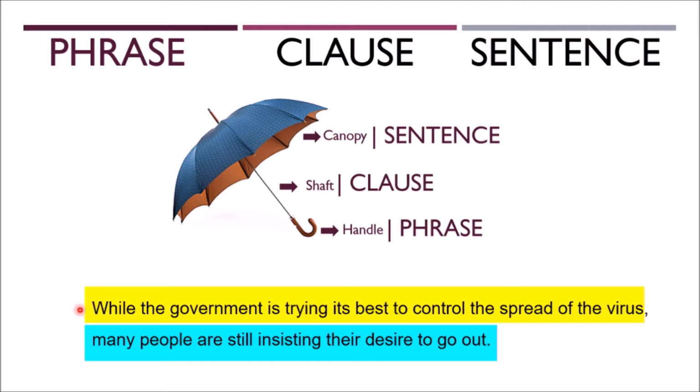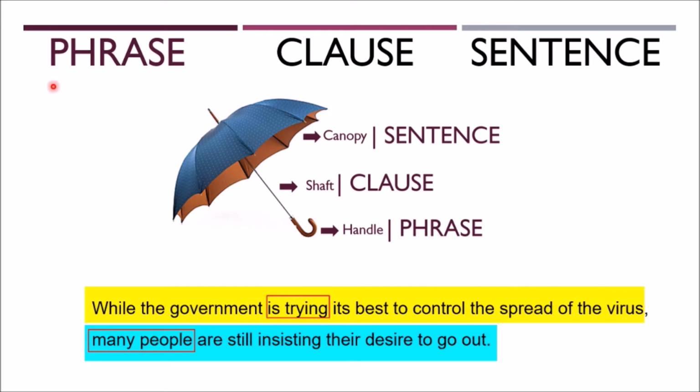Now, let's go back to our dependent clause. We actually have here one verb phrase, is trying. Meanwhile, in our independent clause, we have a phrase, many people, which is what we call a noun phrase. That's the concept of the umbrella model. Within your sentence, you can find a clause and a phrase.